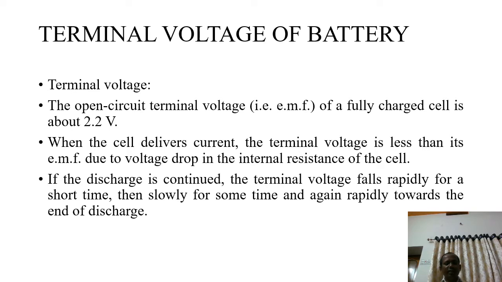Then, when the cell delivers current, the terminal voltage is less than its EMF due to voltage drop in the internal resistance of the cell. There is an internal resistance which is having some voltage drop.